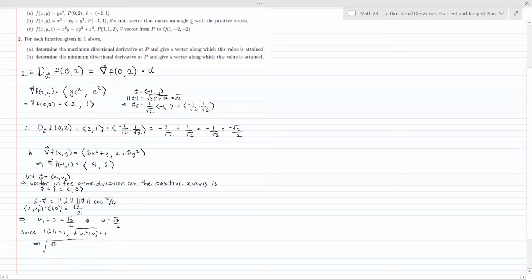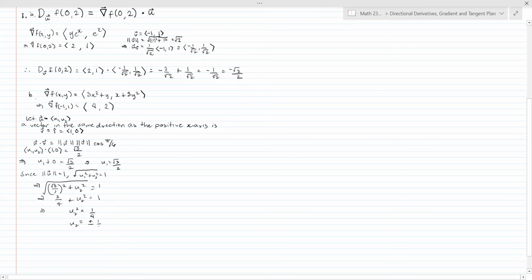And from this equation, we can solve for u2. So this is equal to 3/4 plus u2 squared equal to 1. And then square both sides, so matatanggal lang yung radical. So and then we get u2 squared is equal to 1/4, u2 is equal to plus or minus 1/2.